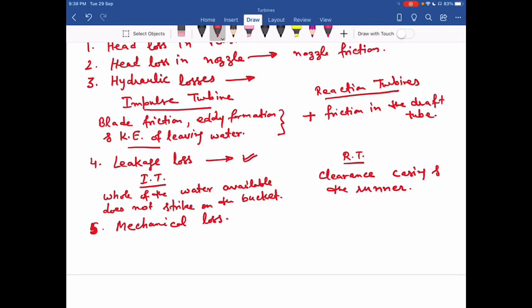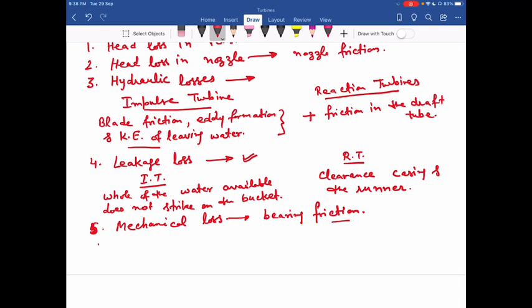There is some loss of that produced power in the form of bearing friction. So this bearing friction contributes to the mechanical loss.